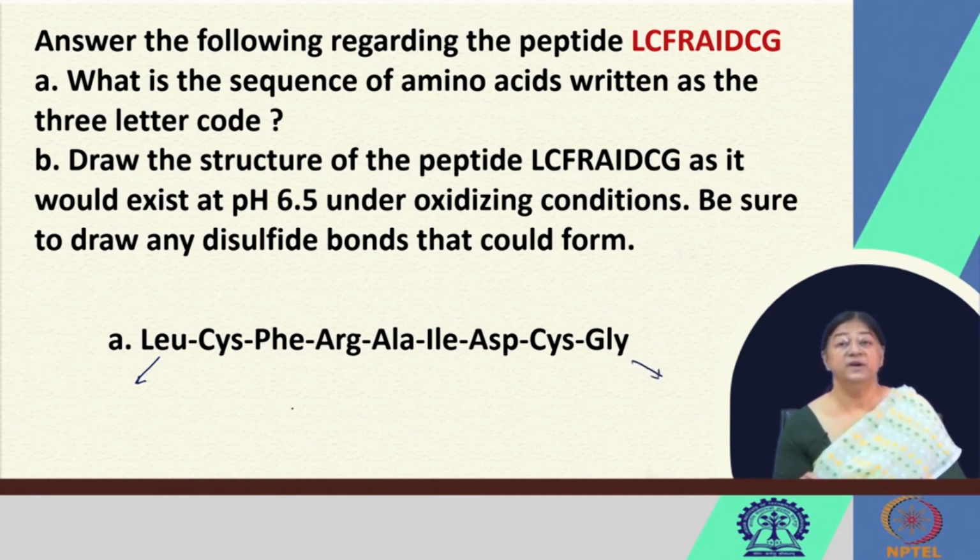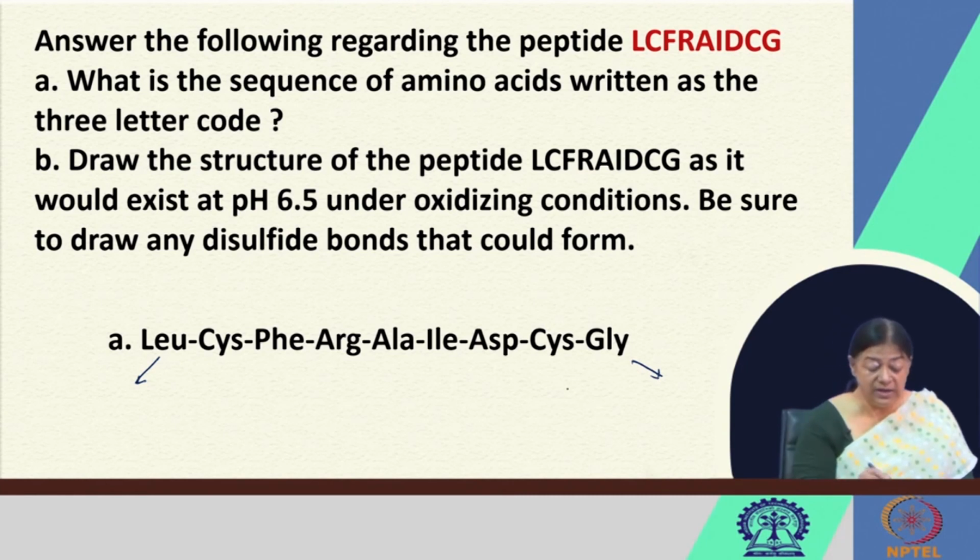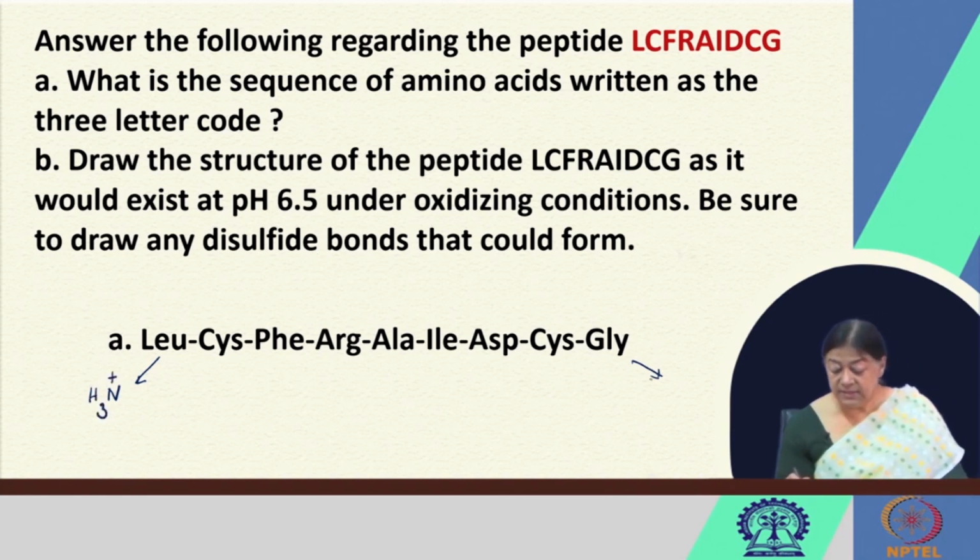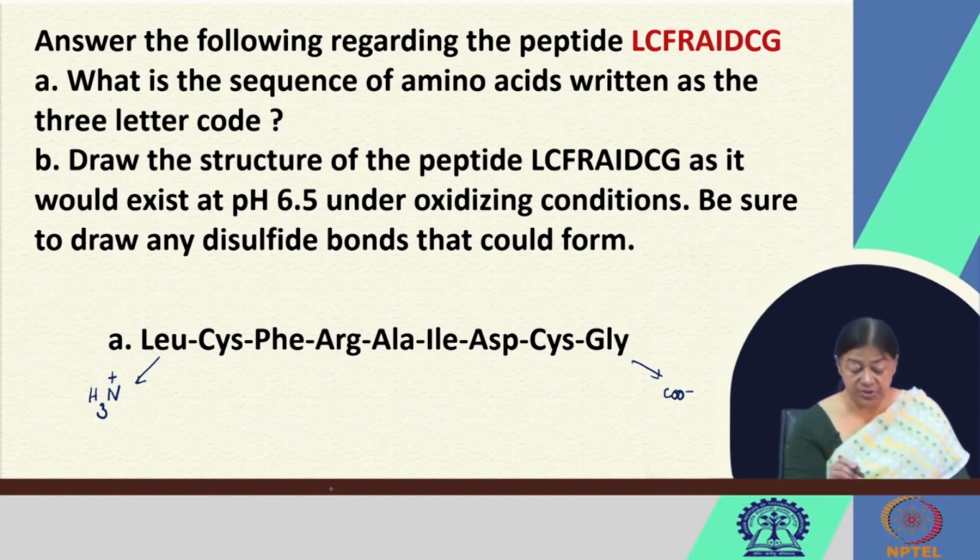We can also actually find out the pI of this peptide given what we did in the previous class. So, now if we want to look at the structure of the peptide at 6.5, we realize that the NH3 plus here is going to remain protonated. This is going to have lost its proton. What are the other ionizable side chains?